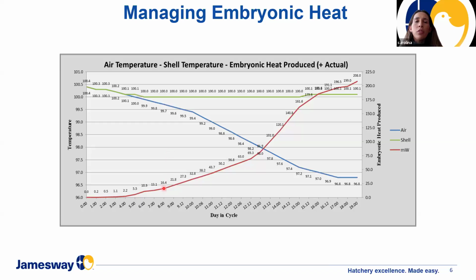In the second phase or second week, we can have mesothermic embryos where they don't produce much heat. They are starting to rise up this temperature production, but at a slower rate. So we might need to keep lowering the machine temperature. And at the end of the process, we have the highest peak of heat production, so the temperature needs to continue lowering.